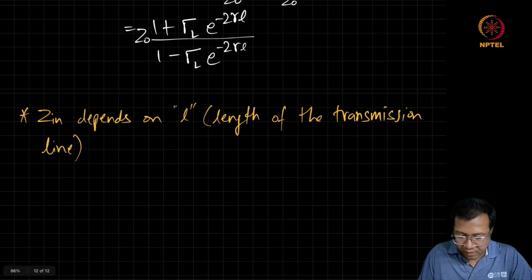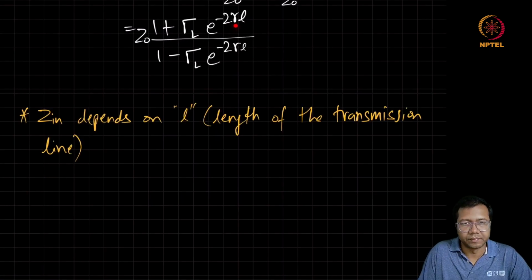So if you want to make the impedance independent of the length of the line, one way to do it is by choosing this L to be small enough such that we can approximate this exponential to be almost 1.